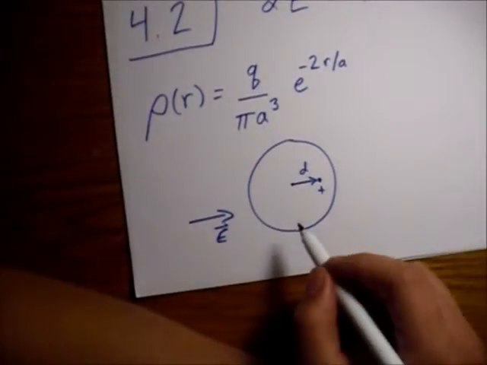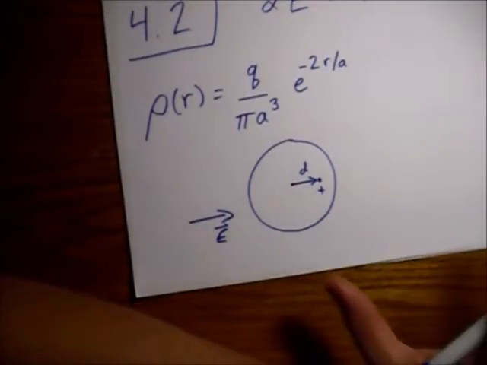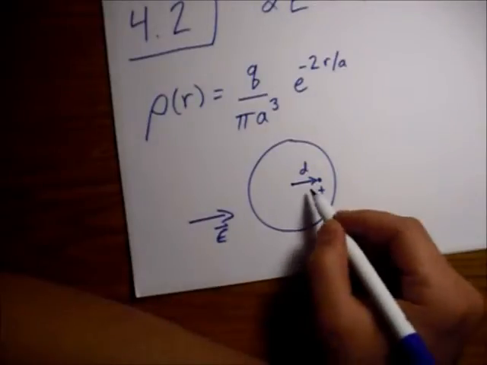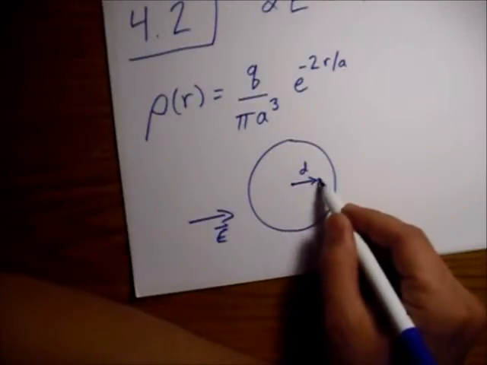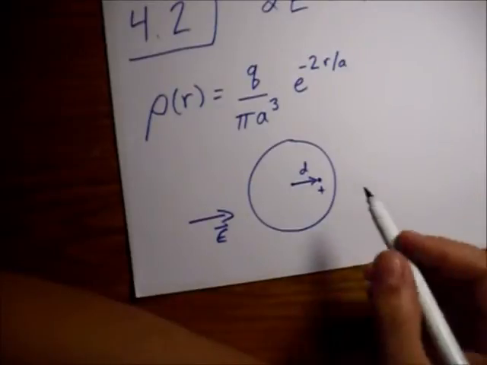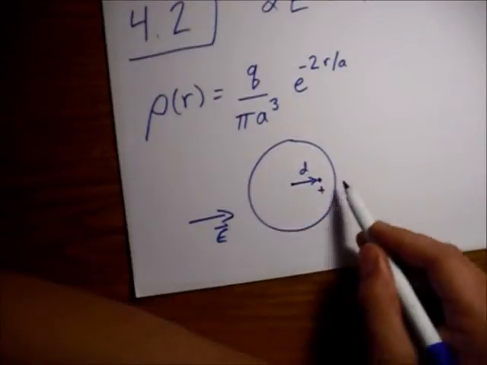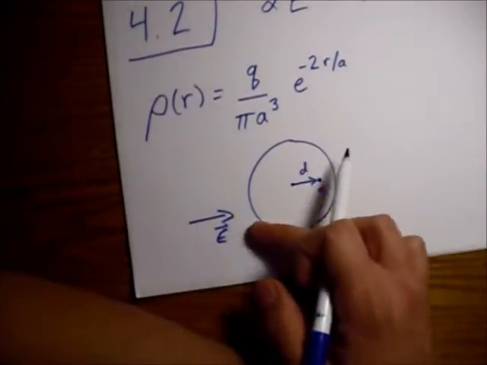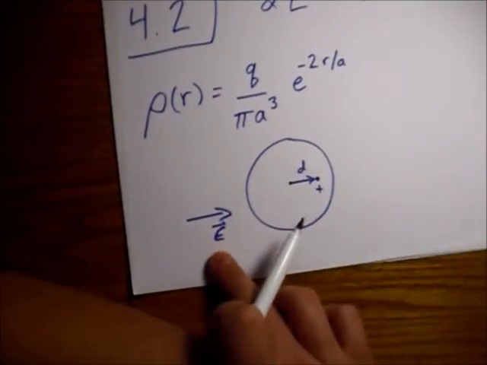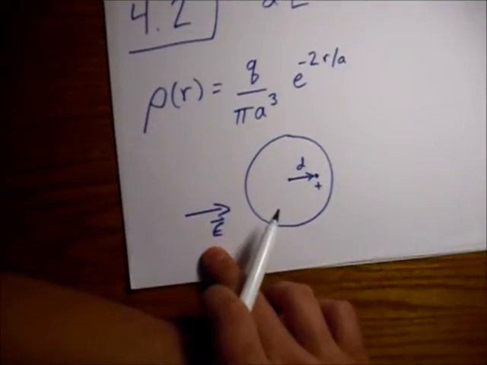We can call that d. The way we'll approach this problem is this positive charge is going to stop moving when the electric field due to this distributed negative charge cancels out the external electric field.